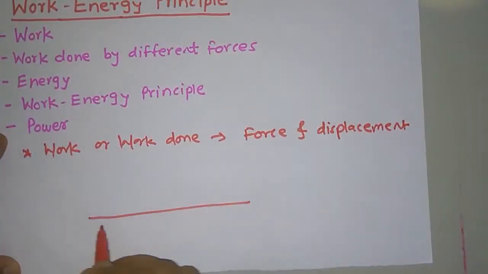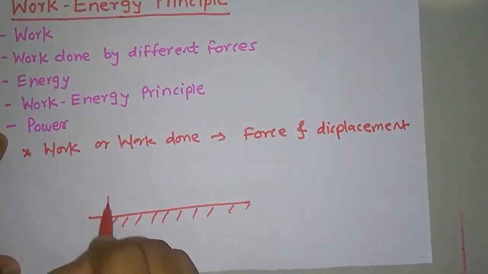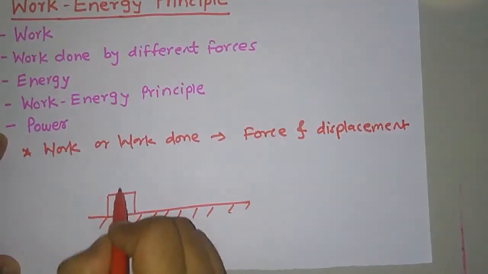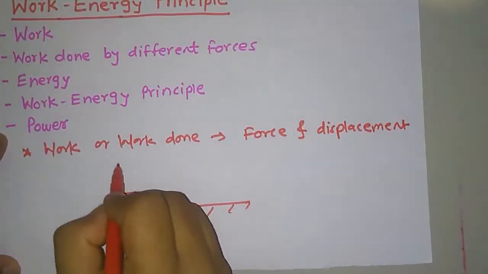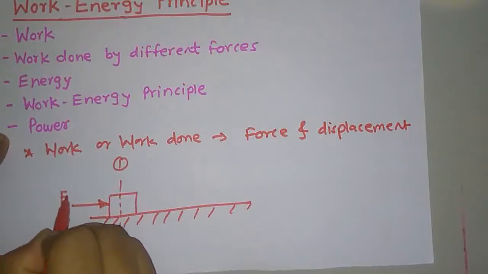Suppose this is a horizontal surface on which a block is resting. So its initial position is 1 and we are applying a force in this direction.